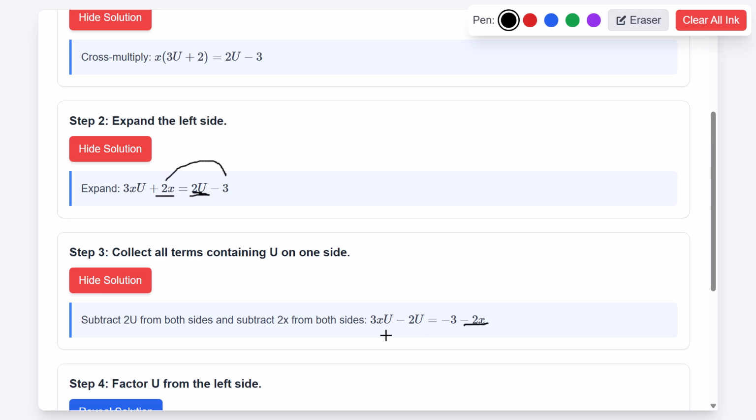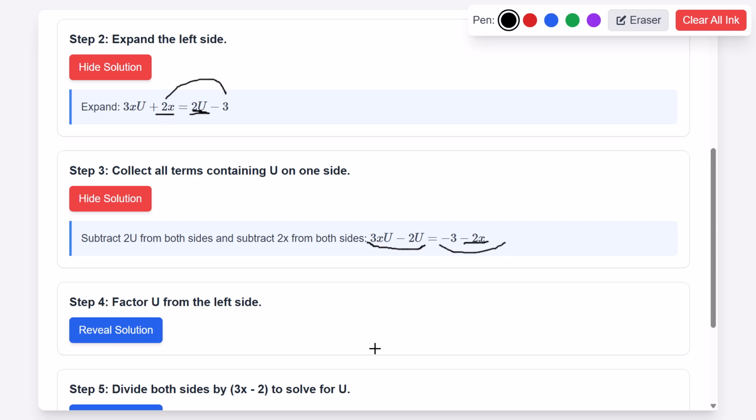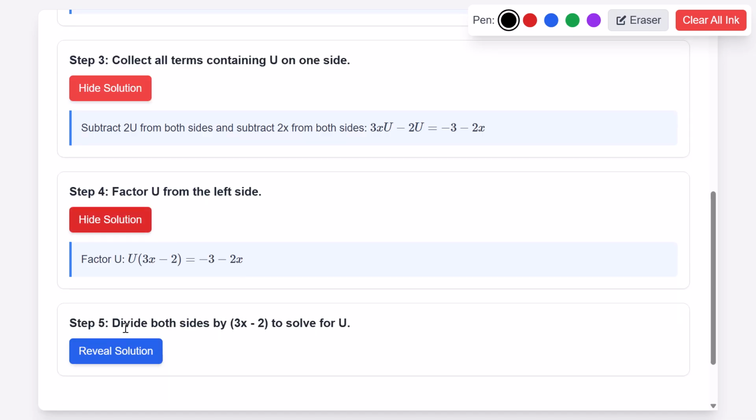So now we have all the u terms to one side, and the terms without the u also on the other side. So what we have to do next is to factor out the u. So we factor out the u to get u, so u comes out of these over here.